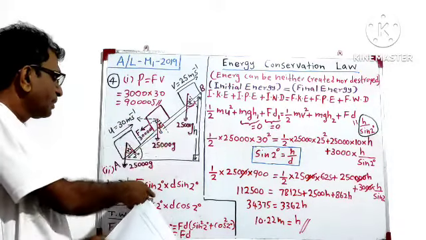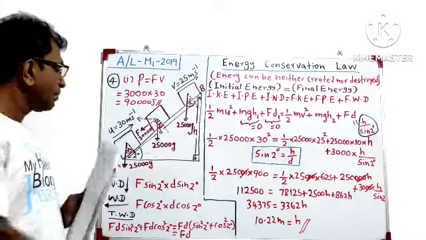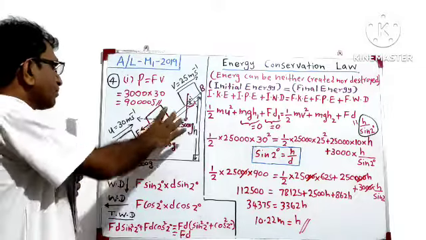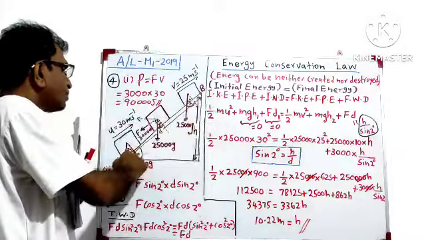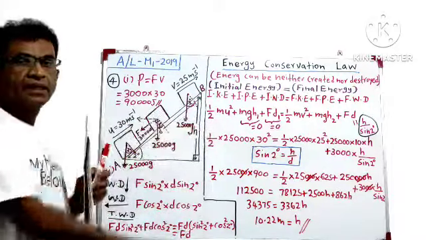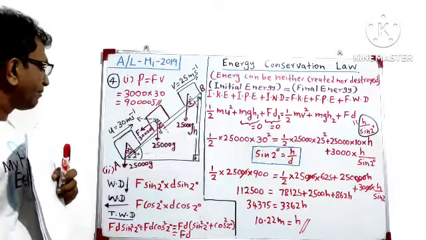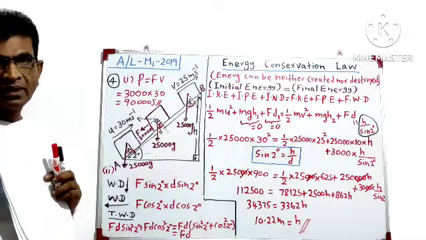F sine 2 degrees, multiplied by, in terms of d and the angle, the height. It moves from here to there, so d sine 2. We multiply together and we can find the work done vertically.